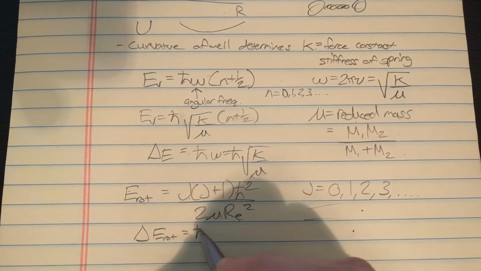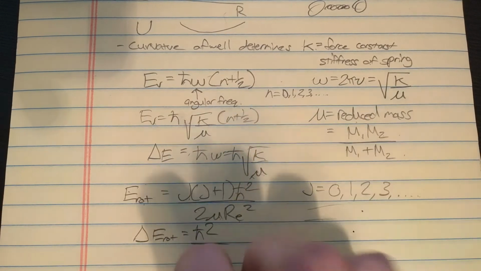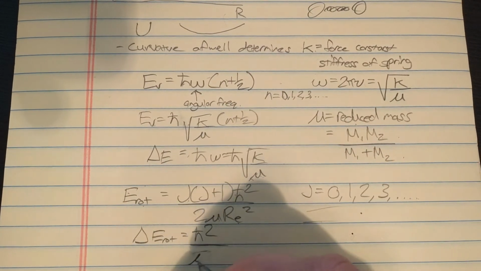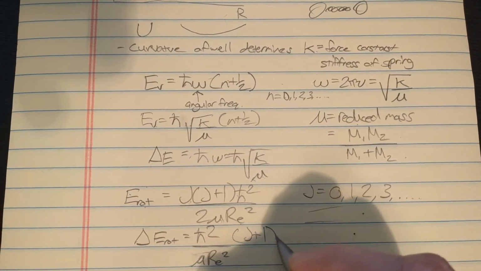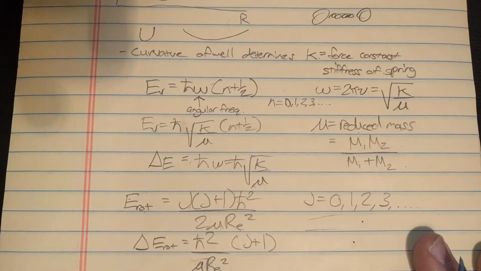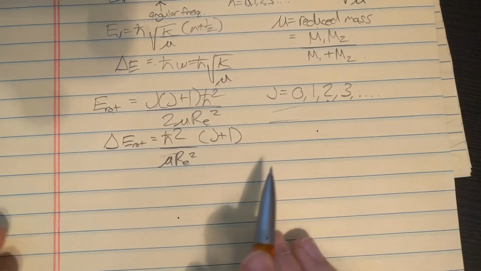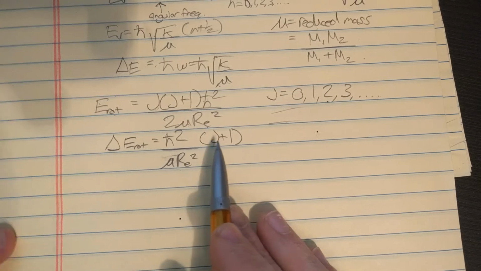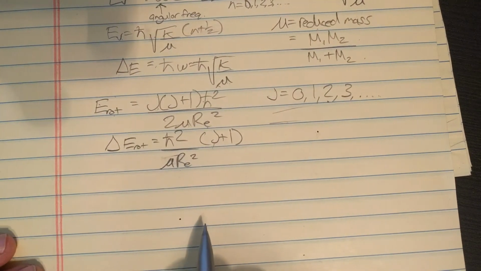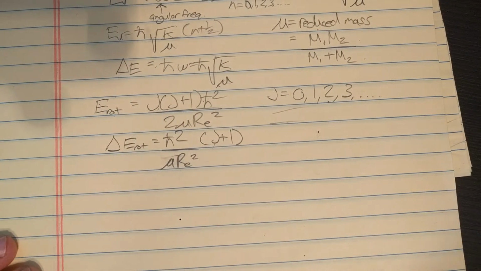So you get h bar squared over mu times Re squared, times J plus 1. So what this tells us is that the higher your rotational energy, the spacing to the next rotational energy is going to be greater.